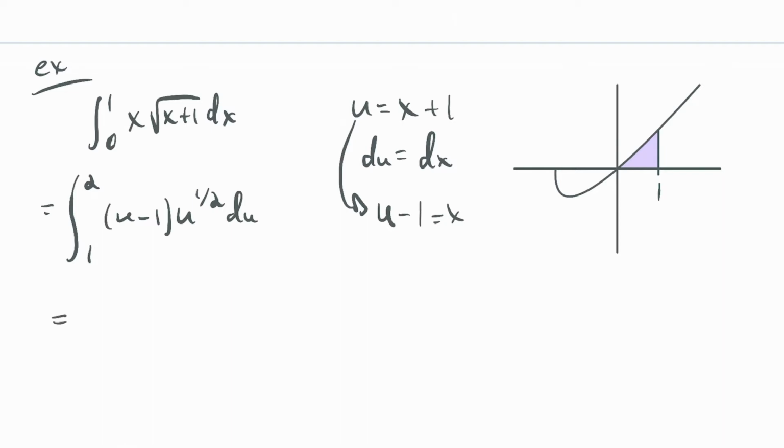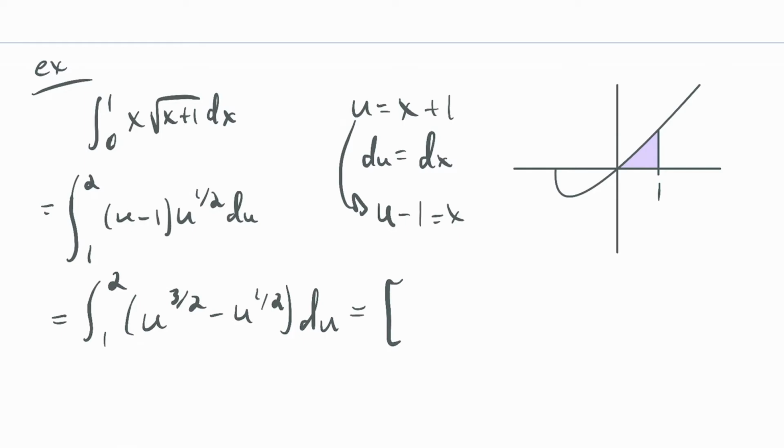I'm not ready to do the antiderivative yet. I need to distribute this. So this will be u to the 3/2 power minus u to the 1/2 power du. Okay, so this will be 2/5 u to the 5/2 power minus 2/3 u to the 3/2 power.